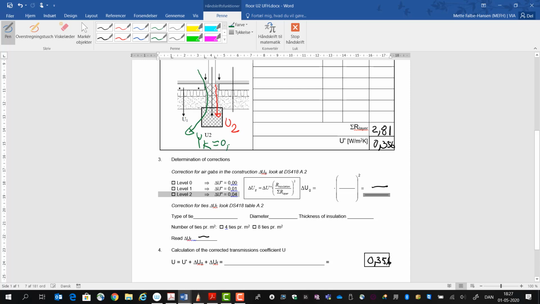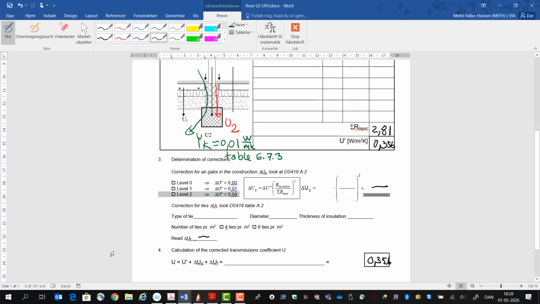Psi k will be 0.01 watt per meter Kelvin, and that is given in table 6.7.3. So now we have the U1, the U2, and the linear loss psi k. So now we need to find the areas.